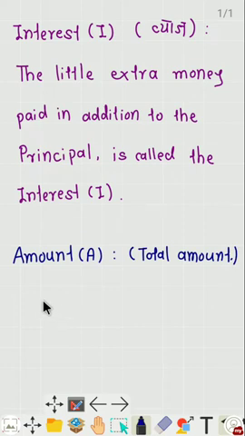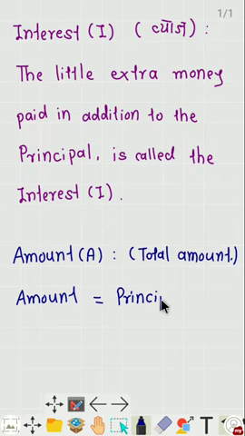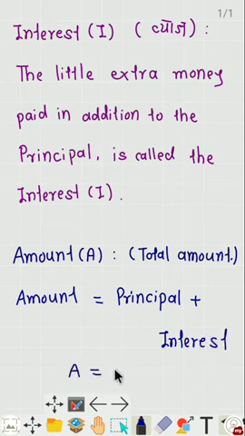And that amount is nothing but the addition of principal and interest. So A is always equal to P plus I. Principal plus interest total gives the amount.